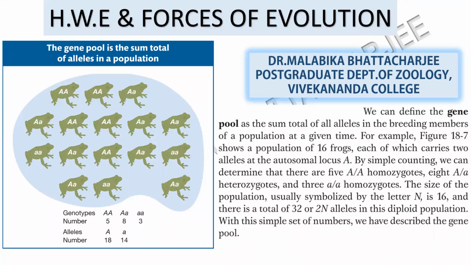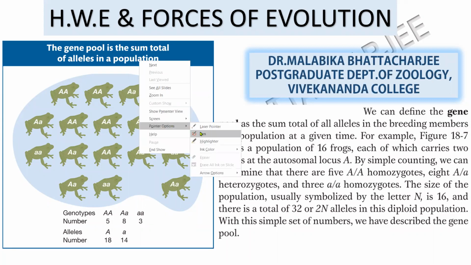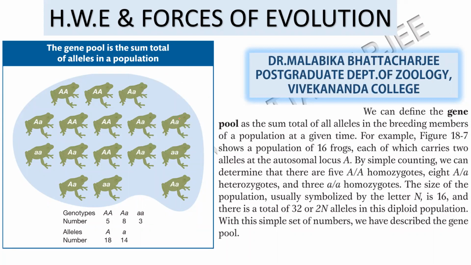Of these 16 frogs, some have capital A, some have the capital A small a combination, and some have small a. At the start, we should keep in mind that capital A is dominant to small a. The number of frogs is 16.